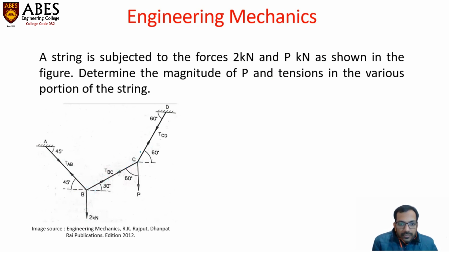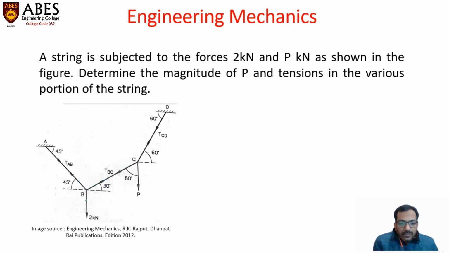Instead of this junction, if we consider junction C, in that case, we are going to have three unknown forces, TBC, TCD, and this unknown force P. So instead of considering that junction, we need to consider this junction first of all, because in that case, there will be only two forces which are unknown, TAB and TBC. And these two forces can be calculated very easily using equilibrium conditions.